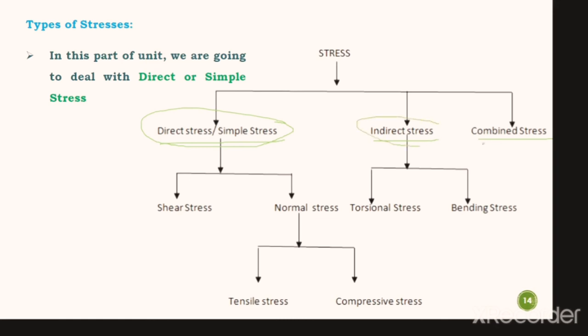And indirect stresses and combined stresses are studied in the further units, unit 3 and 4, I believe. So these direct stresses are classified into two types: shear, normal. And these indirect stresses are classified into torsional stress and bending stress.